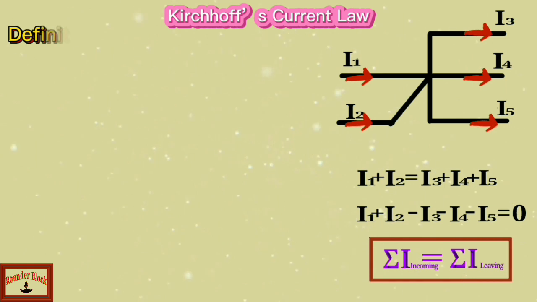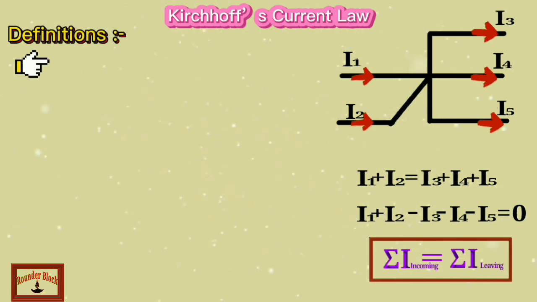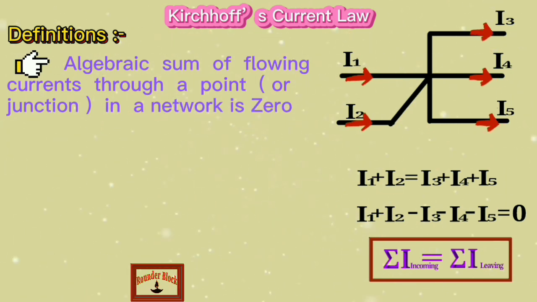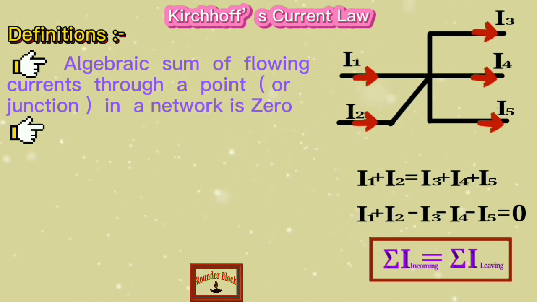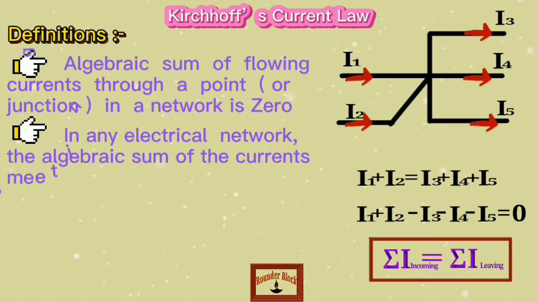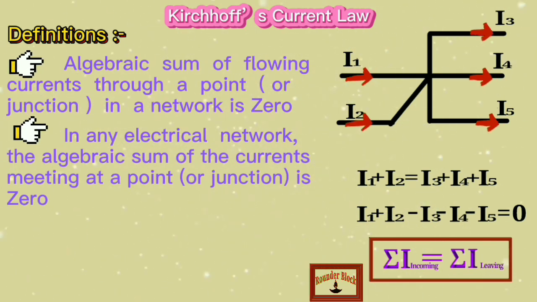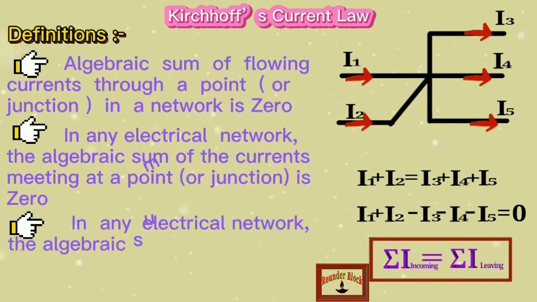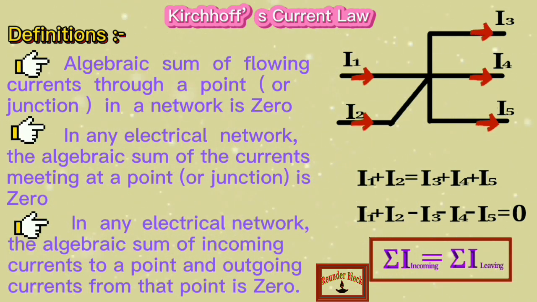In other words, according to Kirchhoff's current law, at any moment, the algebraic sum of flowing currents through a point, or junction, in a network is 0. Or, in any electrical network, the algebraic sum of the currents meeting at a point, or junction, is 0. This law is also known as point law or current law.